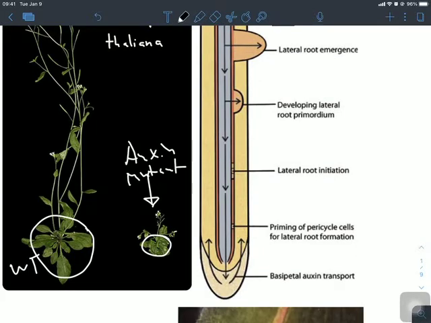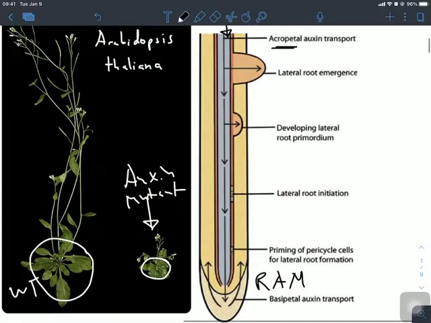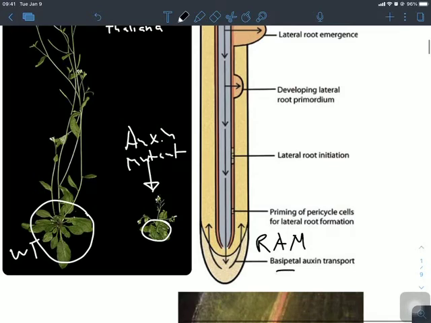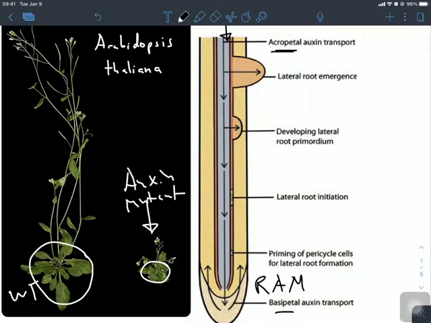Once it reaches the RAM, it transitions to basipetal auxin transport. So the acropetal auxin transport, meaning upward from the base towards the growing tip, means that the auxin will move towards the RAM through the vascular tissue.